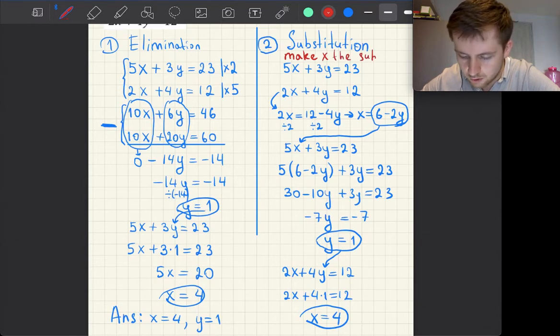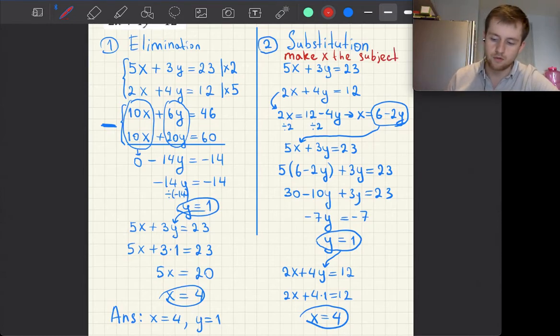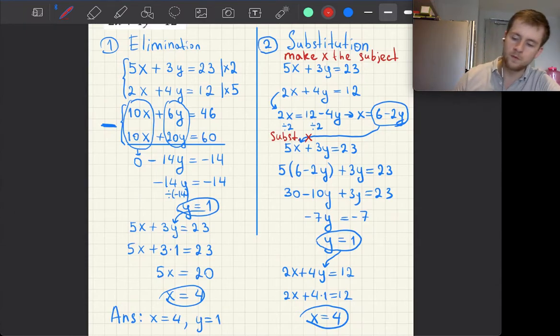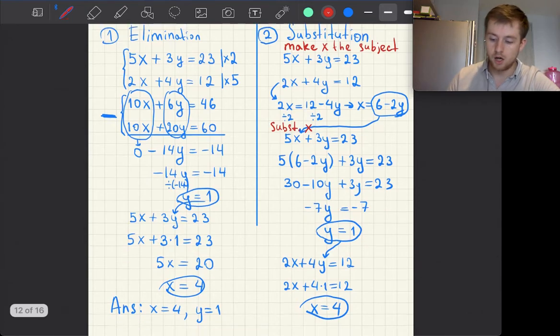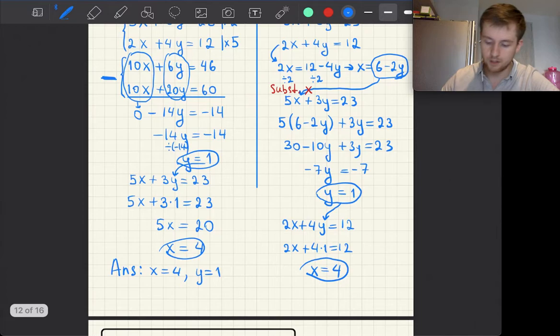Make x the subject first of all, and then substitute it in the other equation. And in the first method, we eliminate stuff. So again, which method to use is completely up to you. As you can see, we get the same results in both cases.